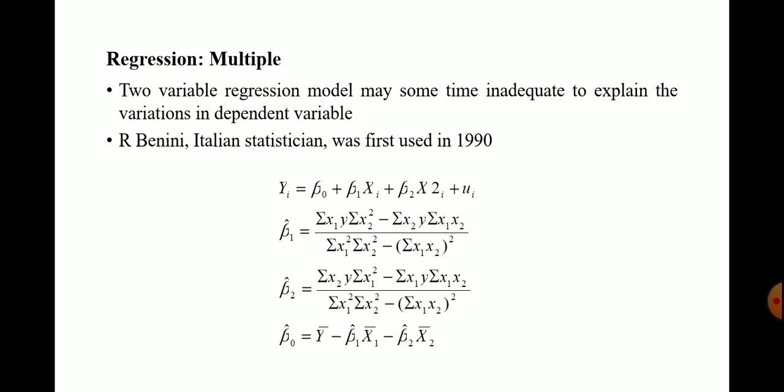In multiple regression, when we interpret one slope coefficient, we have to keep the other coefficient constant. For example, if consumption depends on income and wealth, where the income coefficient is 0.5 and the wealth coefficient is 0.25, then if 1 unit of income increases, consumption will increase by 0.5 unit, keeping the effect of wealth constant.